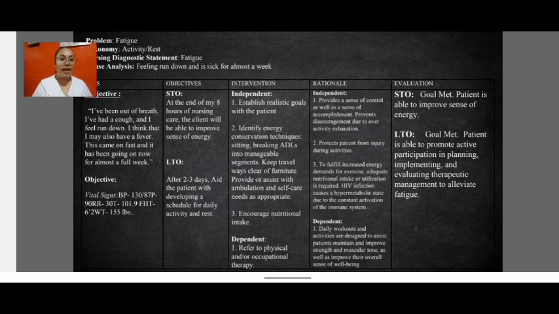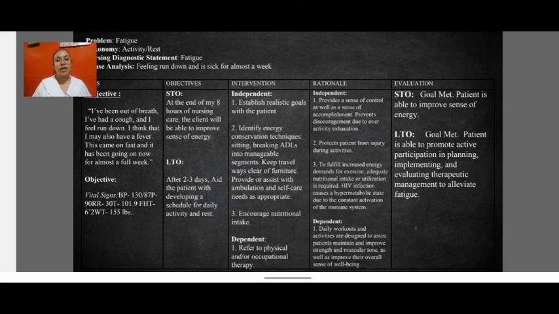Adequate nutritional intake or utilization is required. HIV infection causes a hypermetabolic state due to the constant activation of the immune system. For our dependent intervention, it is to refer the patient to physical and/or occupational therapy.